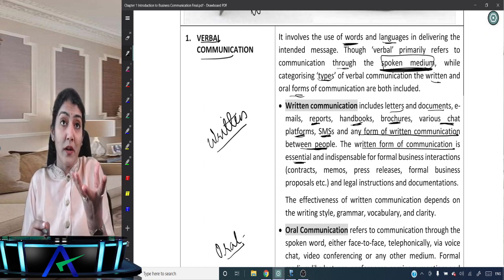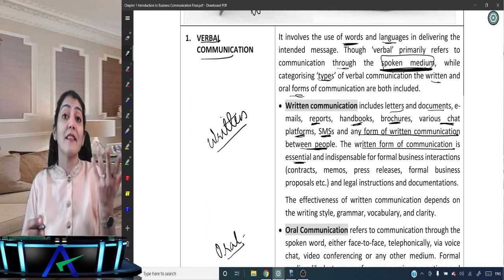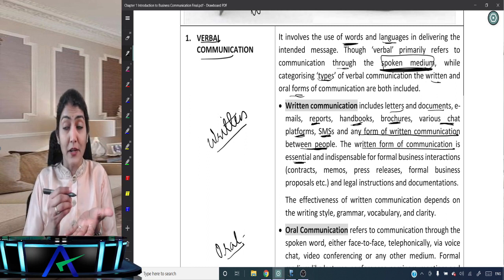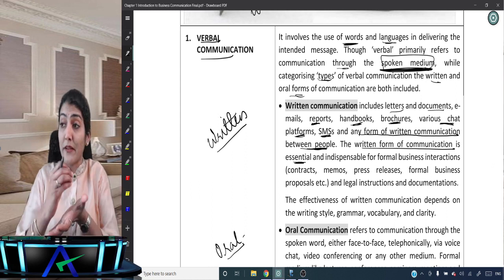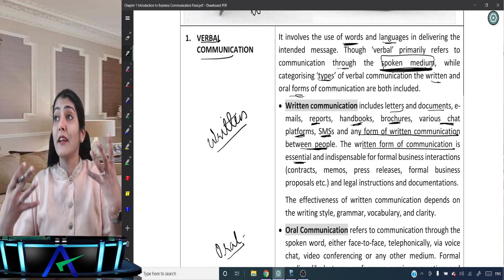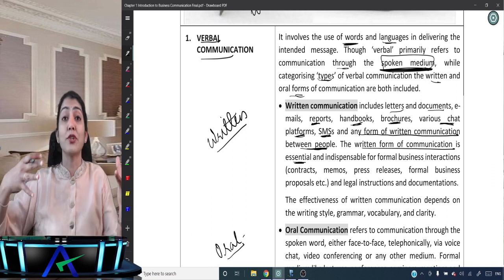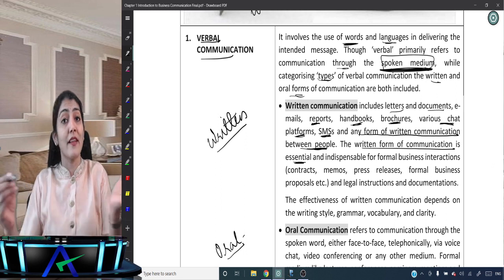Everything cannot be oral, and oral communication might be forgotten later on unless it is recorded. In writing, you see all legal documents, registration of documents, registration of property, and the legal formation of a company, or formation of an LLP, a limited liability partnership. All this is done in writing.